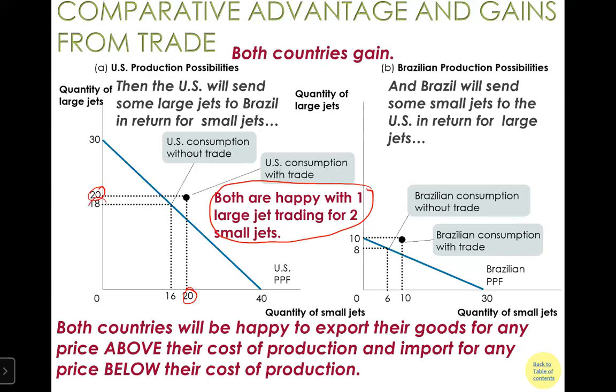That's more than 18 and 16. On the other hand, Brazil is going to consume 10 and 10. This is more than the 8 and 6 that they can produce and consume without trade.